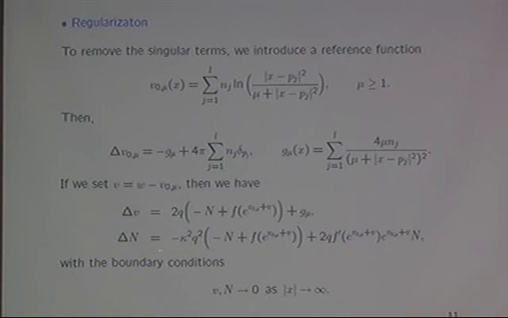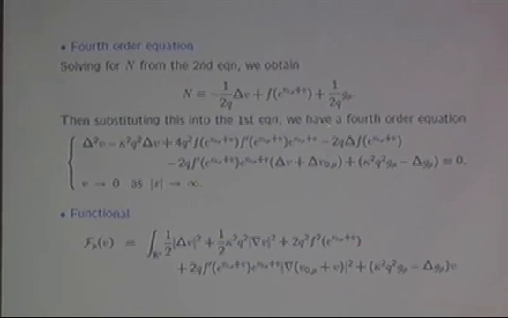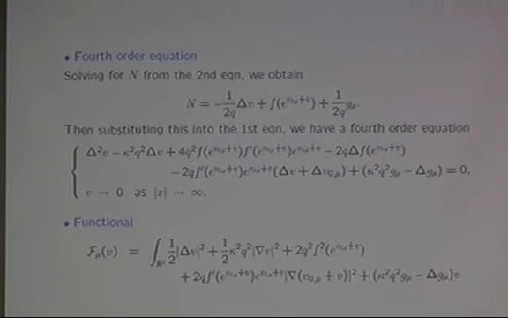An interesting point is that we can express n from this equation as a function of v, like this one. So we can obtain the fourth order equation about v, which is the Euler-Lagrange equation of this functional.